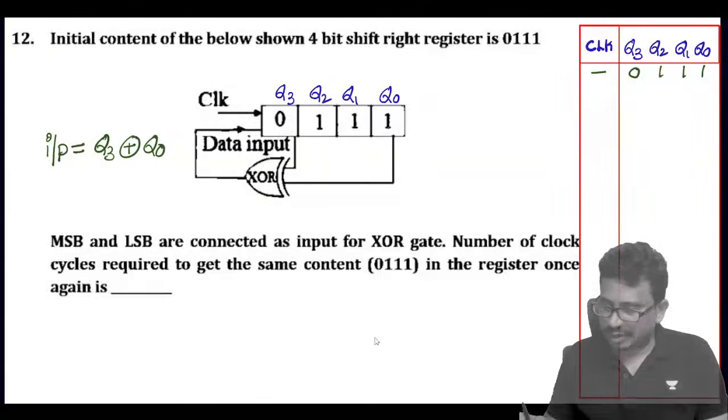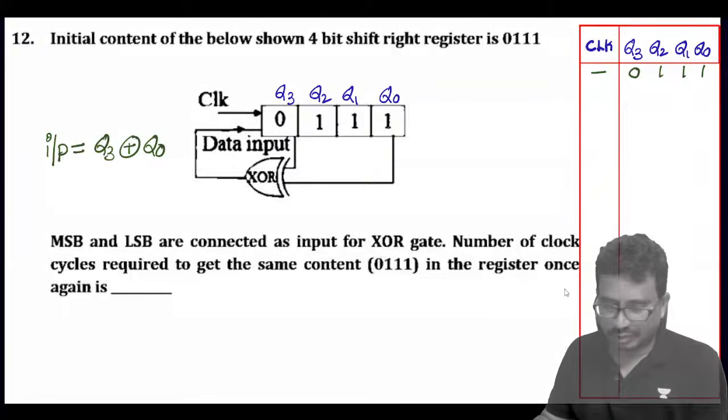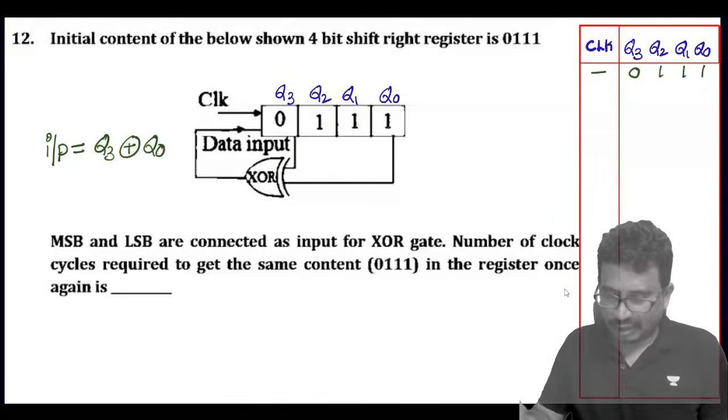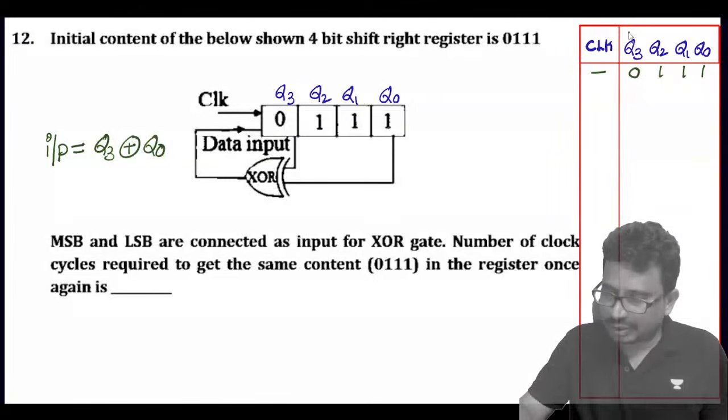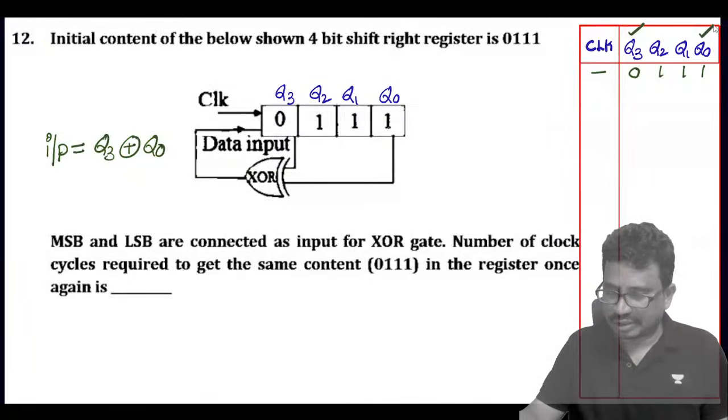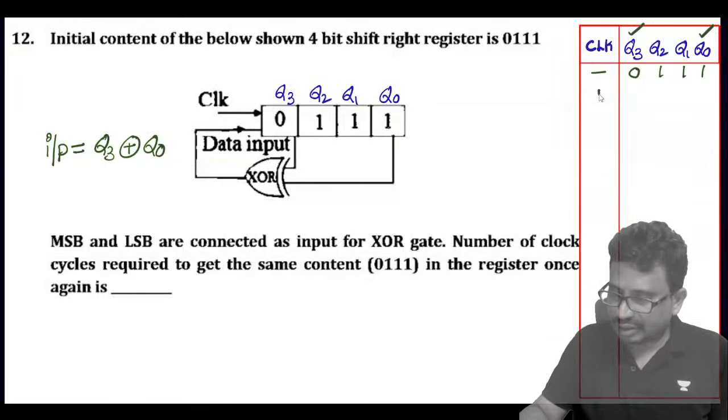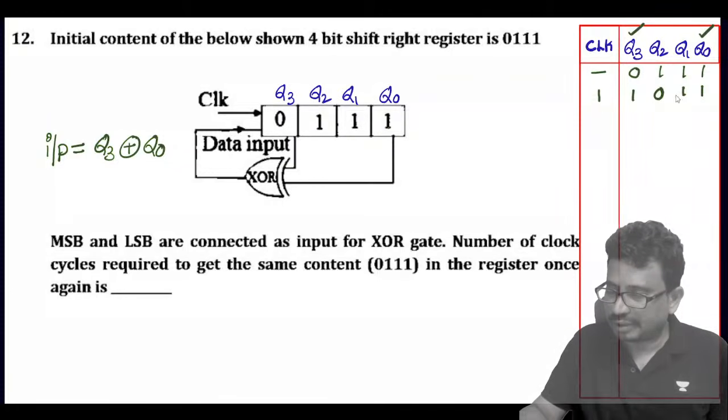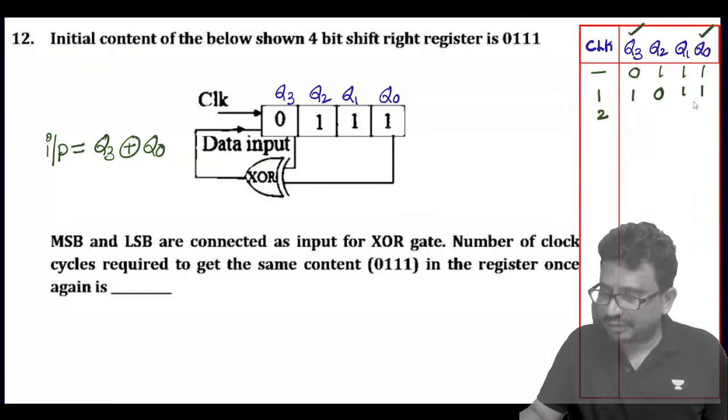Now you can tell me what will come. XOR between Q3 and Q0. So when you apply the first clock, this is 1, so 0, 1, 1. Second clock XOR is 0, so 1, 0, 1.